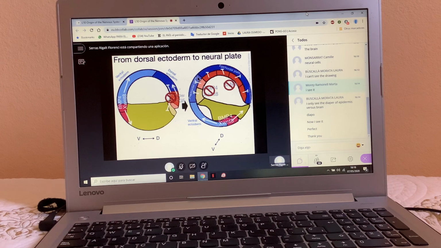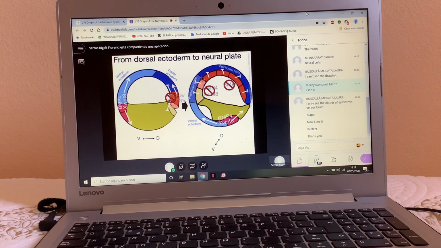Okay, this area here, we call it precaudal plate of the nervous system. Precaudal because it is just anterior to the notochord, and this area here we call it epicaudal. Epi means above, so above notochord plate.